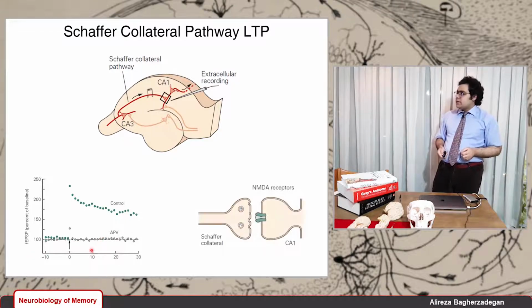So by this, we now know that NMDA receptors in the CA1 area, in the pyramidal cells in the CA1 area, are necessary for LTP, for induction and expression of LTP in this pathway, in the Schaffer collateral pathway. Okay? Because when we inhibit NMDA receptors, we have no LTP.